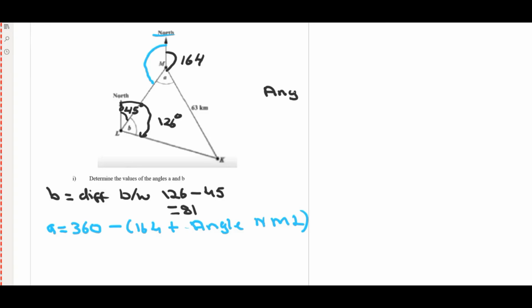Hence, we can say that angle NML and angle NLM, that's 45 degrees, are interior angles.